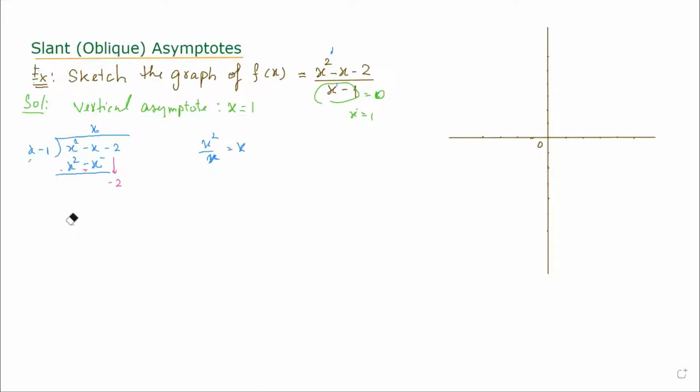So I delete this one, because it was 0. After this, we cannot go on because there is no more x, so the remainder is negative 2.